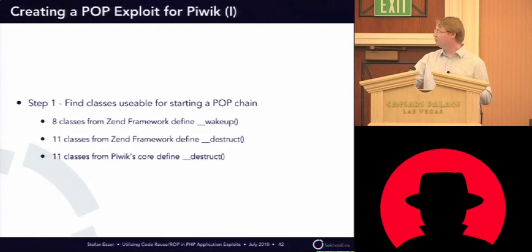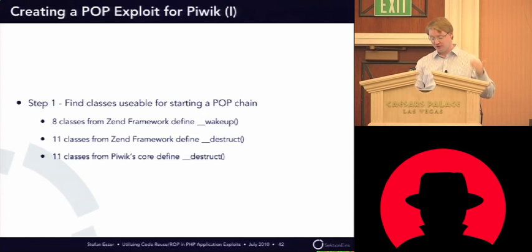But I will only go into the Zend framework one this time. In December, I showed that the Piwik core comes with a config object, and this config object can directly be used to write arbitrary files to the hard disk. But I will use the more complicated way now. I did a lot of research in Zend framework last year, so I already know which of the classes are usable for POP chains.